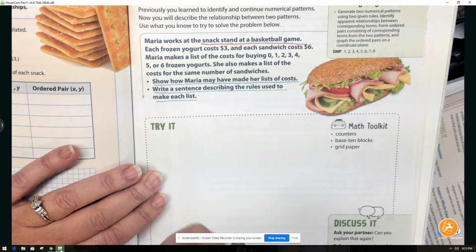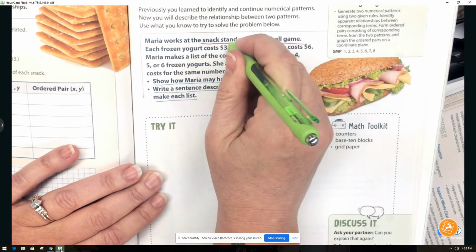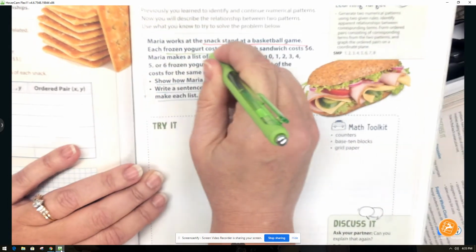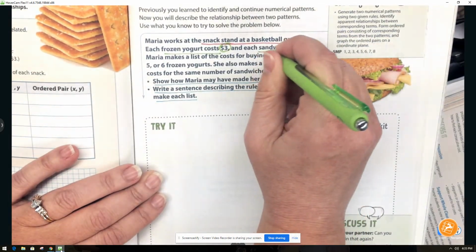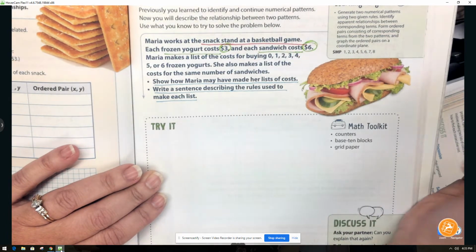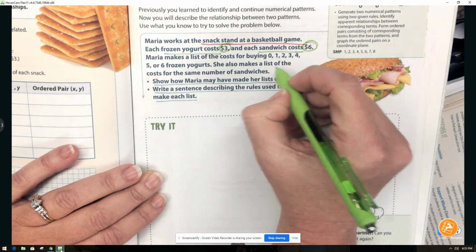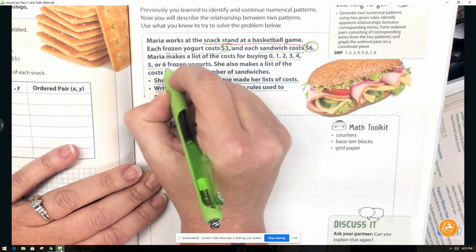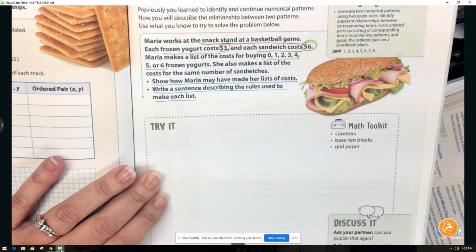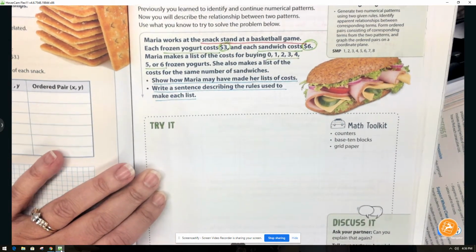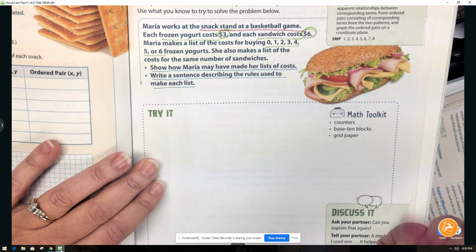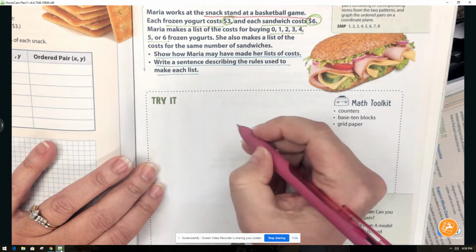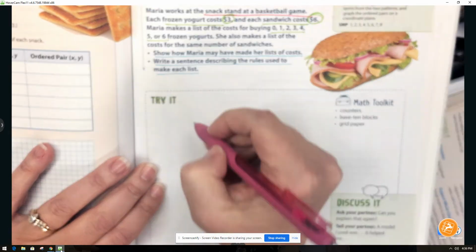The important information is that we know that frozen yogurt cost $3, sandwiches cost $6, and we need to make the list for 0 to 6 of each of those items. So if this were me, here's what I would do. I would go ahead and make a table, and this table would have 3 columns.